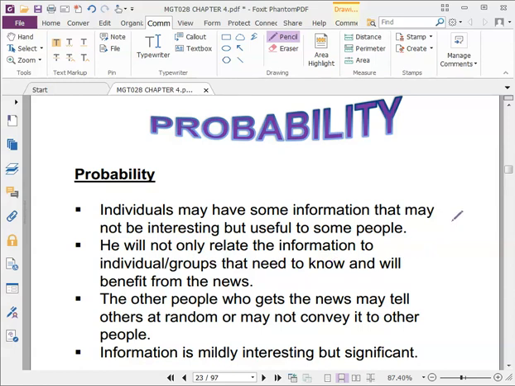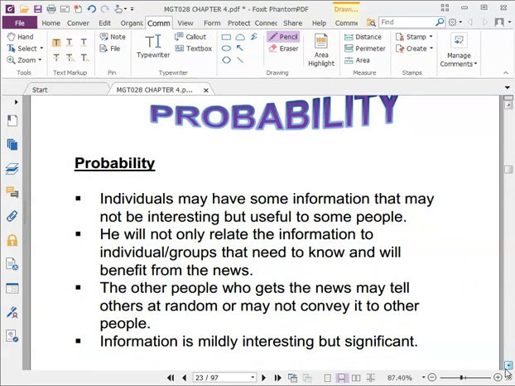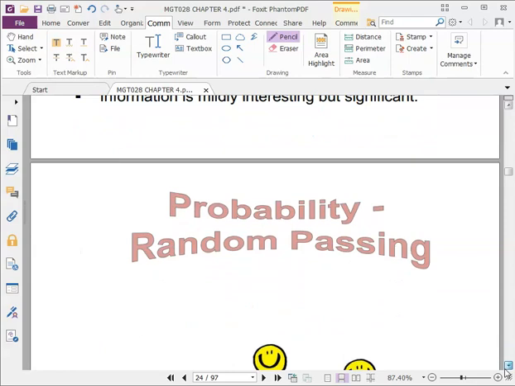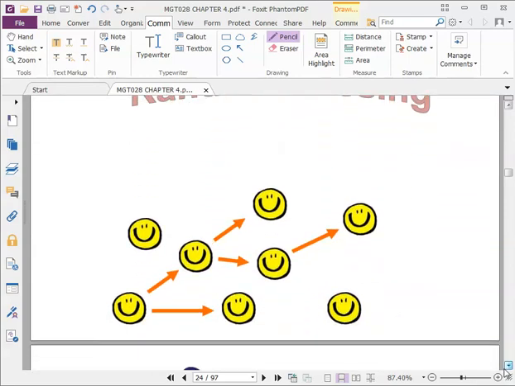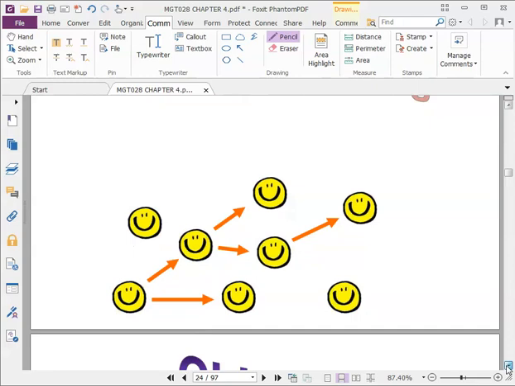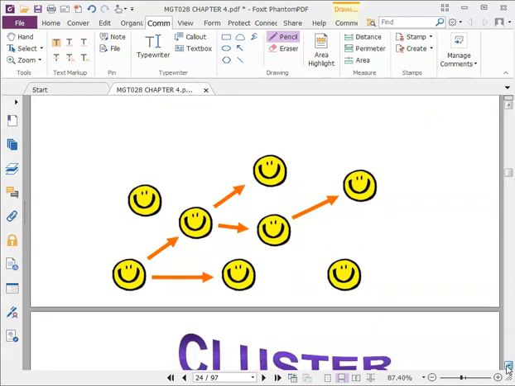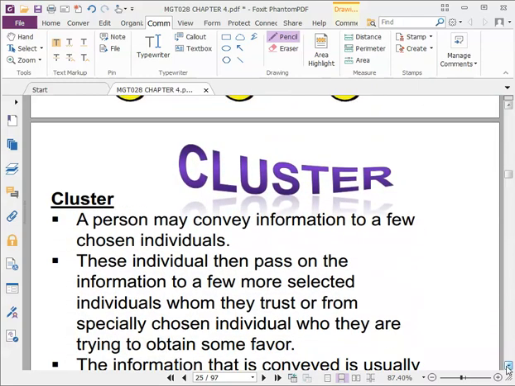The other people who get the news may tell others at random or may not convey it to other people. Information is mildly interesting but significant. Okay, so tengok probability. Okay, dia share the information tu secara random. Dia jumpa dekat orang tu, dia terus cakap, beritahu pasal informasi. That is probability.